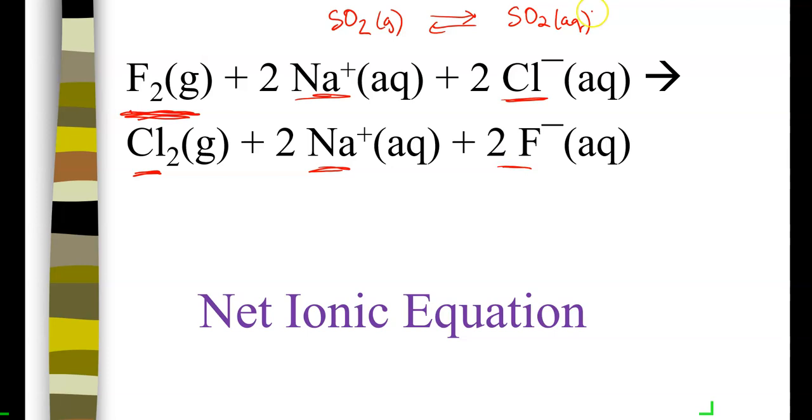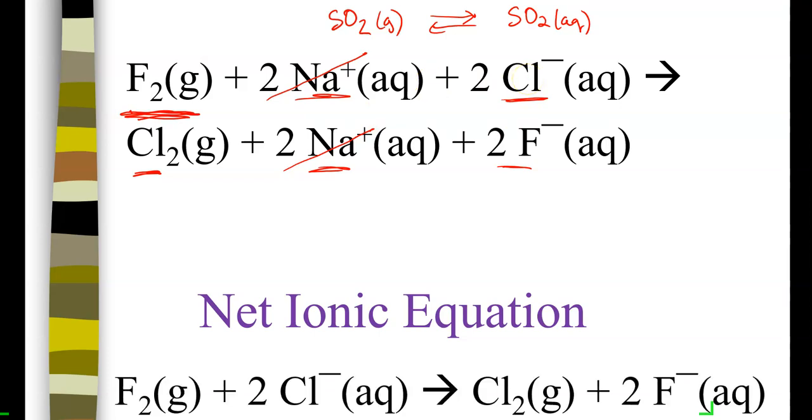So this is our total ionic equation. If we cancel the spectator ions, sodium cancels with sodium, and that's it, right? Because these other substances remain behind, and that gives us a net ionic equation of the following: fluorine gas plus 2 chloride ions.